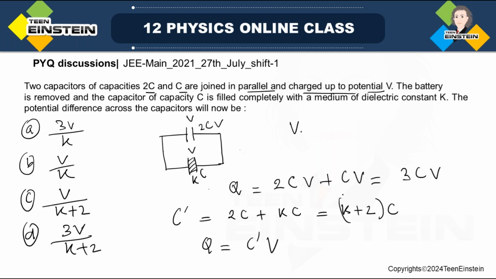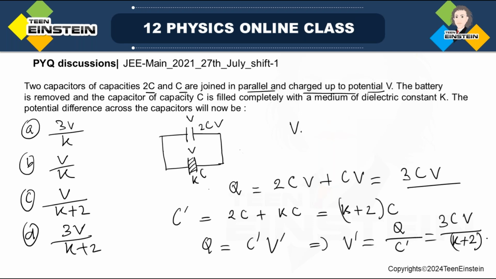So the charge will be the same, 3CV is equal to C prime V prime. Then from here I will be able to find out V prime, because I know what C prime is. So this is 3CV divided by C prime, which is (K plus 2) into C. This C I can strike out.